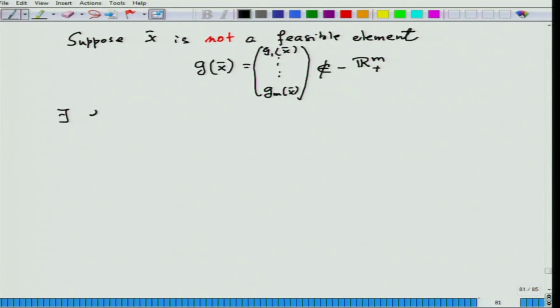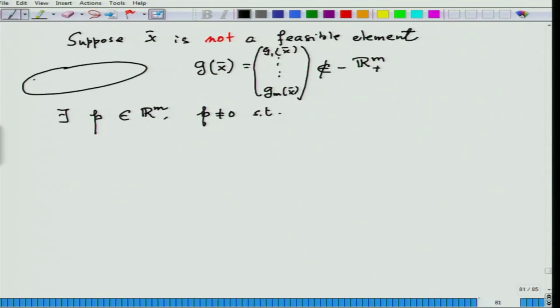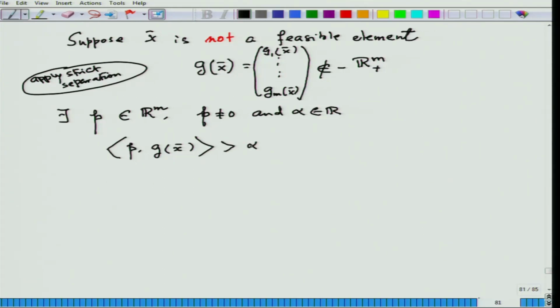So, there exists P an element of R^m, P not equal to 0, such that, now here we are applying the strict separation theorem, and alpha an element of R, so that P of g(x bar) is strictly greater than alpha, which is greater than or equal to P of v for all v an element of minus R^m_+.